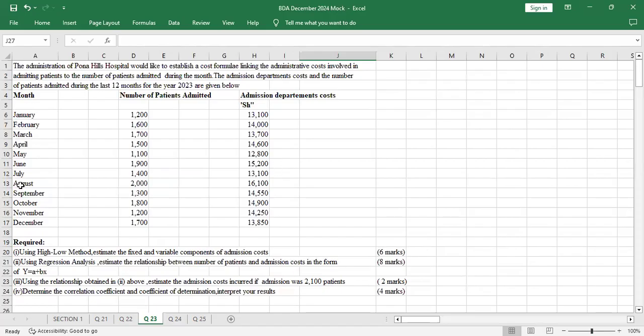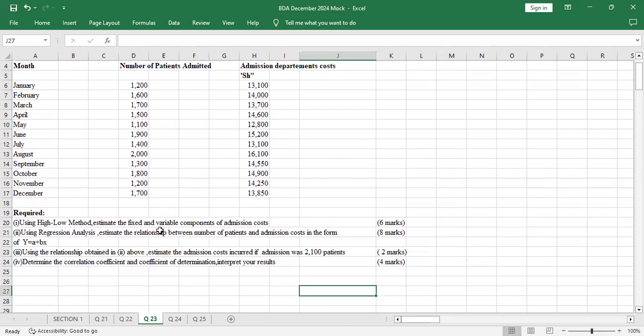So we have month from January to December, then the number of patients admitted, then the admission department costs in shillings. So required, Roman 1, using the high-low method, estimate the fixed and variable components of admission costs.